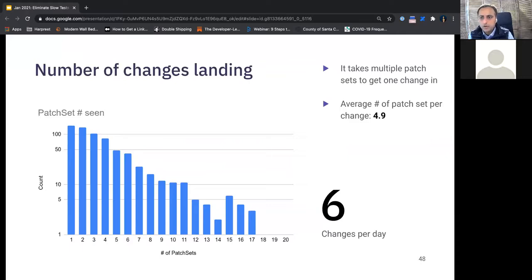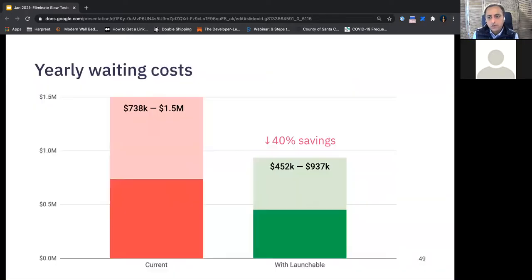Even with a team of 50 or 60 people, only 5 or 6 changes make it through their day, right? So you can clearly see they are grappling with these productivity challenges. If you stack up these waiting times, they range in the low single-digit million dollars.